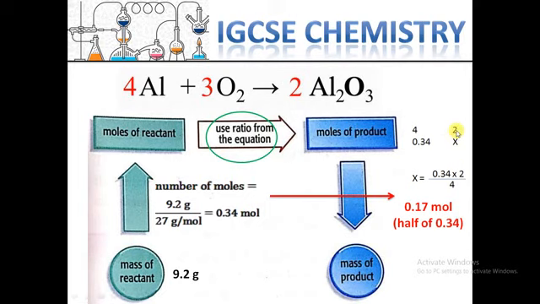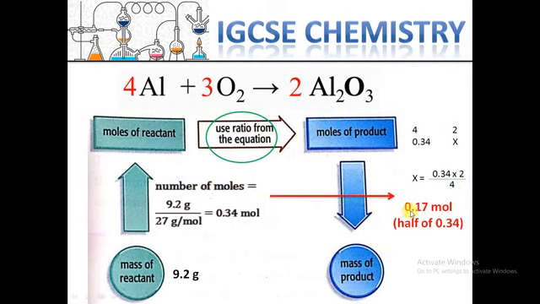So here is a simple equation. 0.34 can be multiplied by 2 and divided by 4. This is a multiplication. The x equals 0.34 times 2 divided by 4.